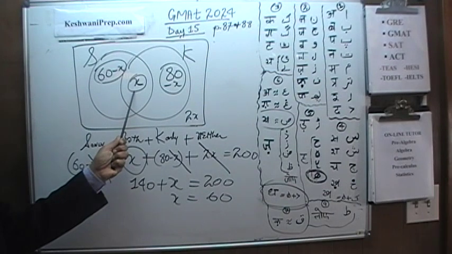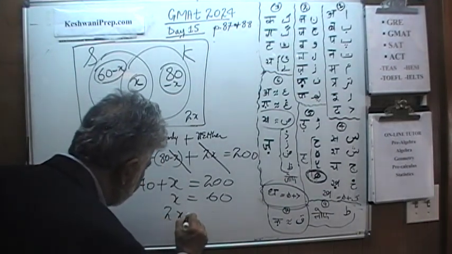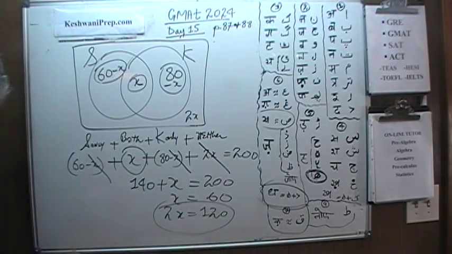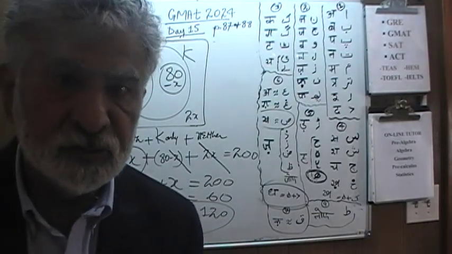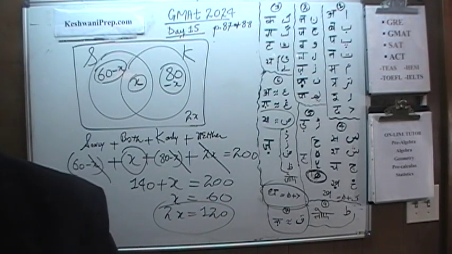The question was how many people do neither. The answer is 2 times x. So there are 120 people who engage in neither of these two sports out of the 200 people. Do you understand?